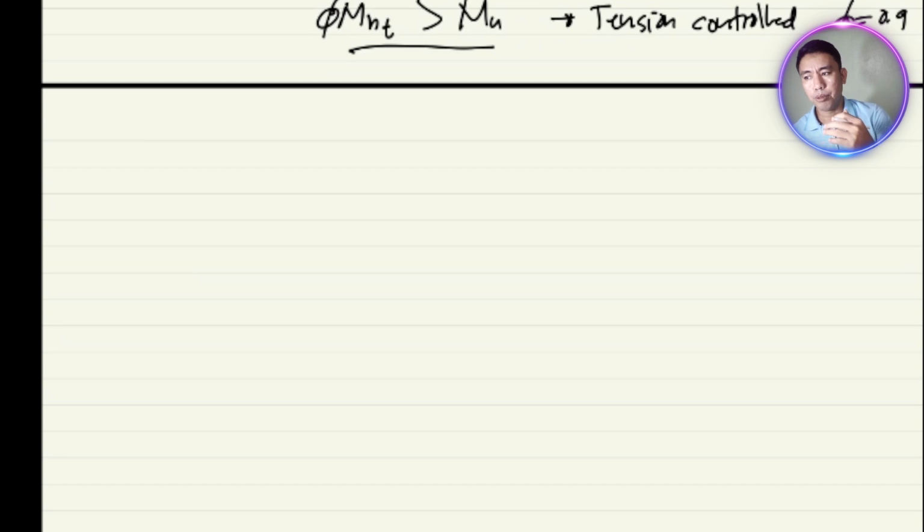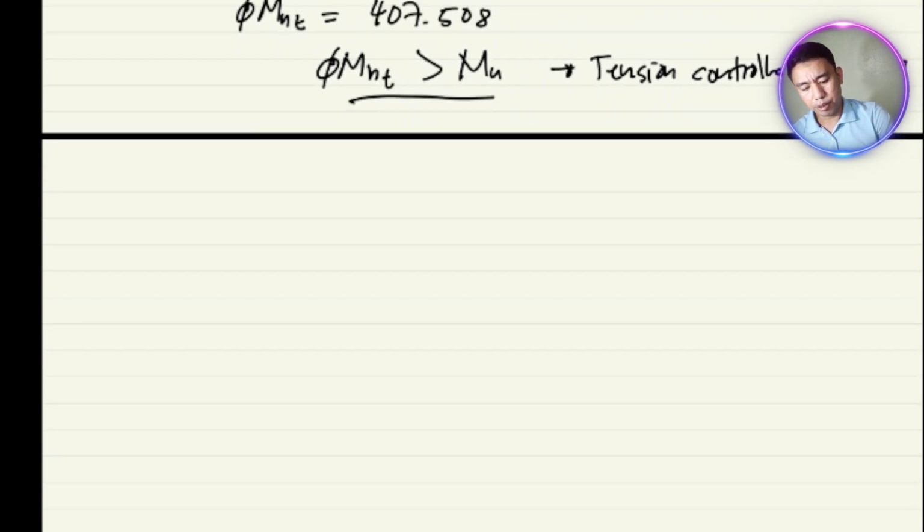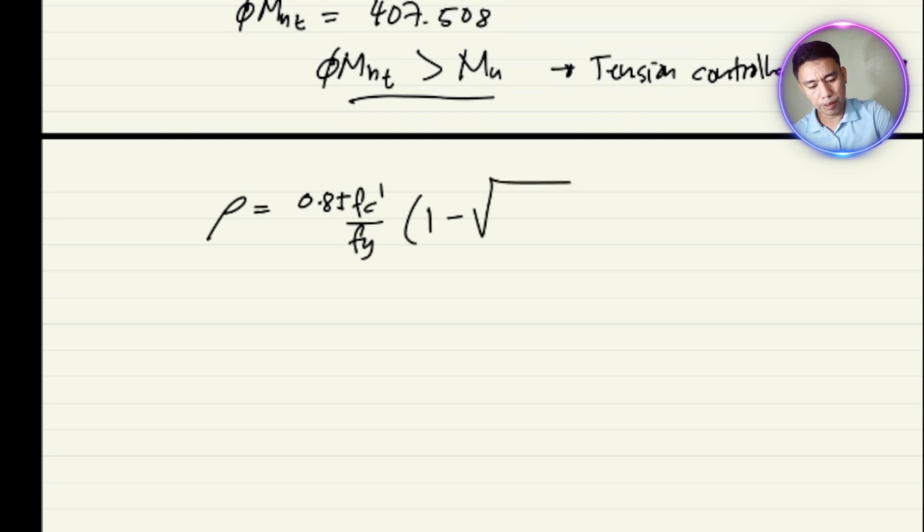So, we have the formula for rho, if you can remember, rho is equal to 0.85 Fc prime over Fy times 1 minus the square root of 1 minus 2 Rn over 0.85 Fc prime.